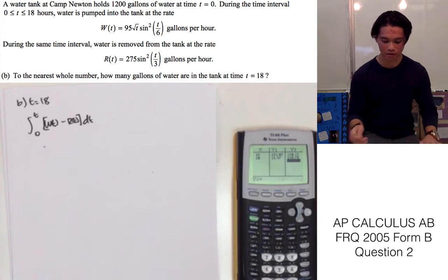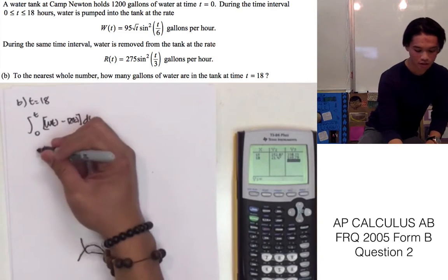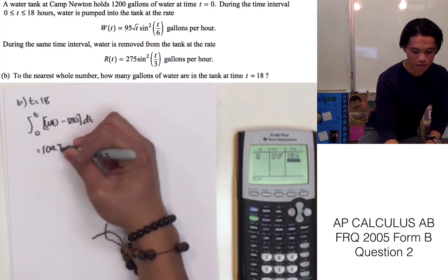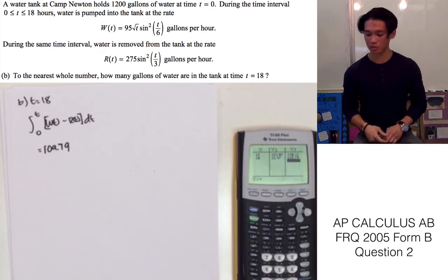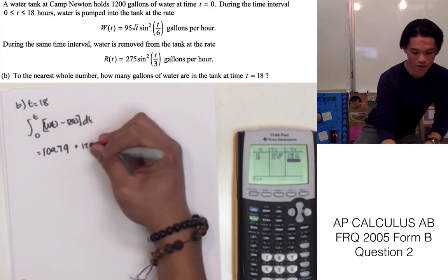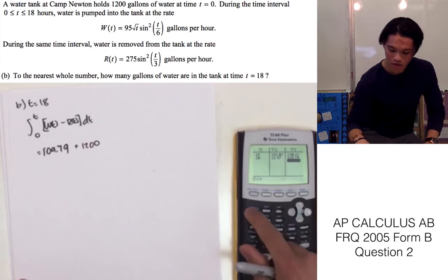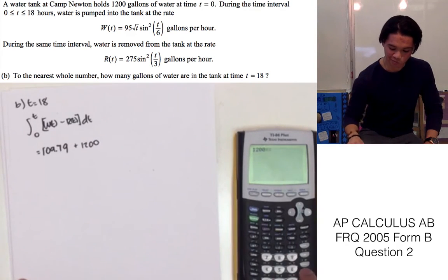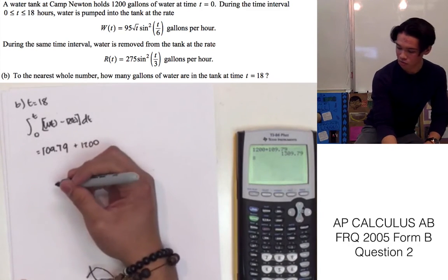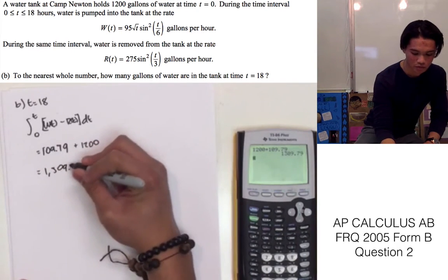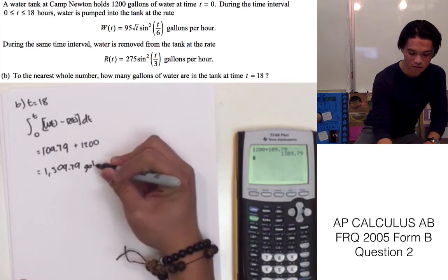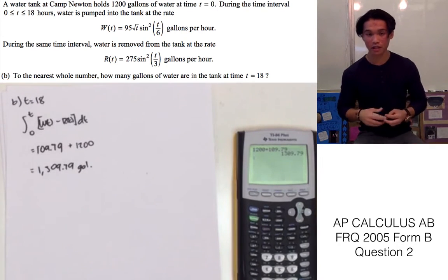Takes some time, and the value that we're given is 109.79. And now whenever we look back at the question, it says that at time t equals 0, there are 1,200 gallons of water. So we can add that value. And we are given 1,309.79 gallons. And that's how we answer part B.